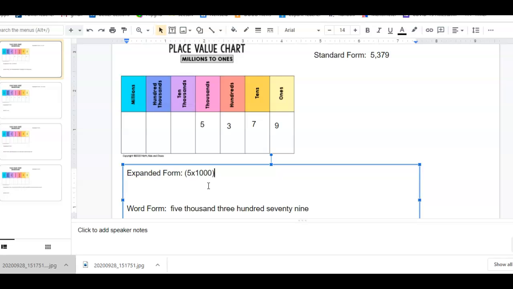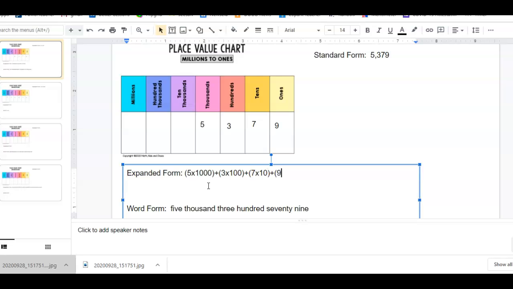Plus we have 3 in the hundreds place. We have 300, so we have 3 times 100, because 3 times 100 is 300. And then what do we have in the tens place? We have a 7 in the tens place, and each one of those 7s is worth 10. And then finally, I have 9 in the ones place.